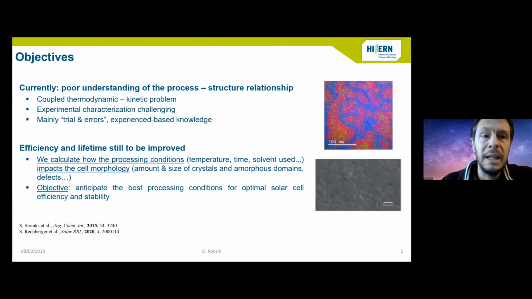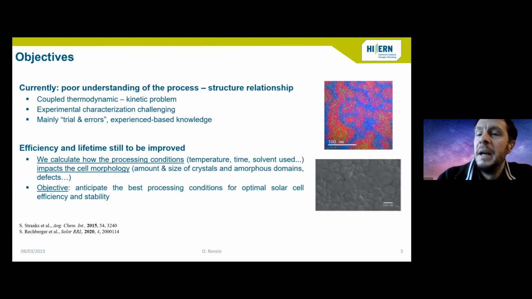More precisely, well, you probably know that the understanding of the process-structure relationship in organic photovoltaics is still quite poor, and there are good reasons for this. The first one is that this is actually a very complicated coupled thermodynamic-kinetic problem. And the second one is probably that experimental characterizations are very challenging.